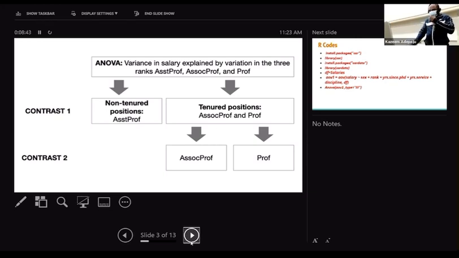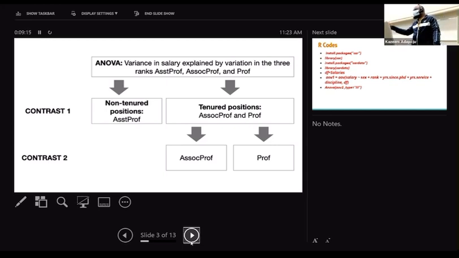Now, maybe we actually want to compare whether there's a significant difference in salaries of lecturers. We have three levels, three groups that we're going to compare, because the three major cadre exist, which are the tenure track and the non-tenure track.